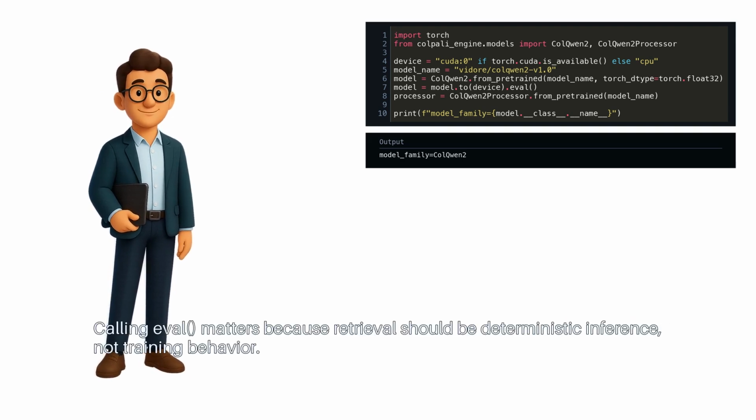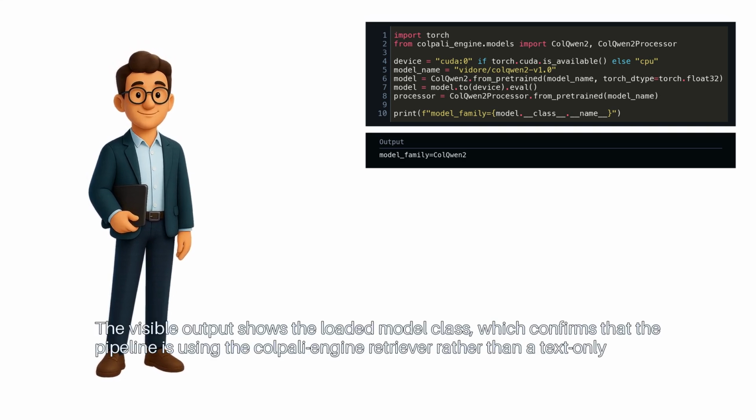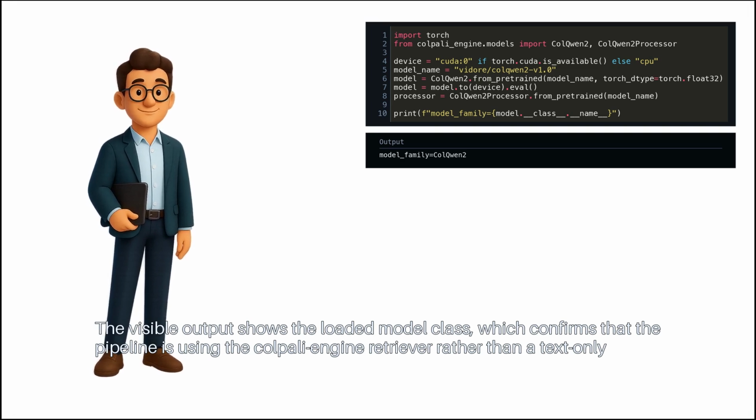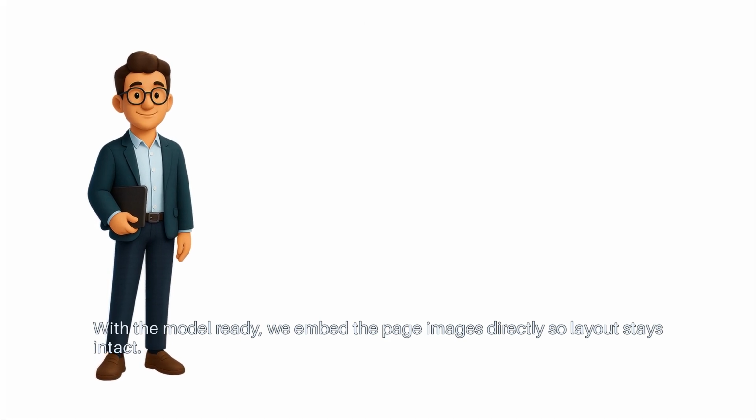Calling eval matters, because retrieval should be deterministic inference, not training behavior. The visible output shows the loaded model class, which confirms that the pipeline is using the ColPali engine retriever rather than a text-only embedder.